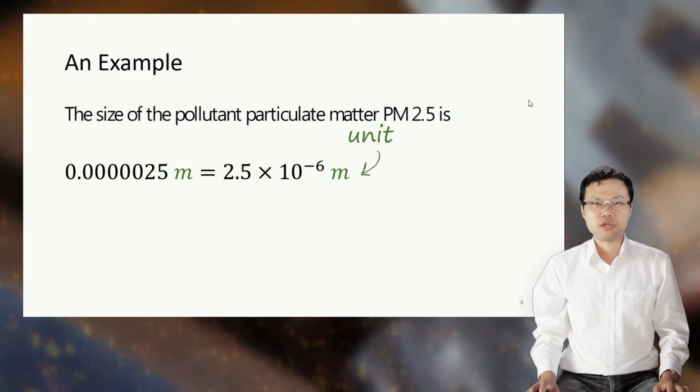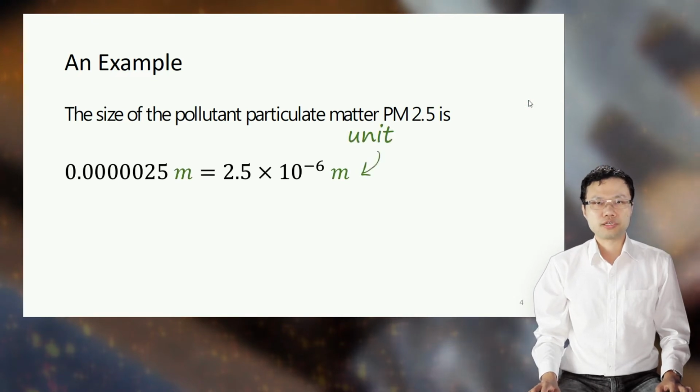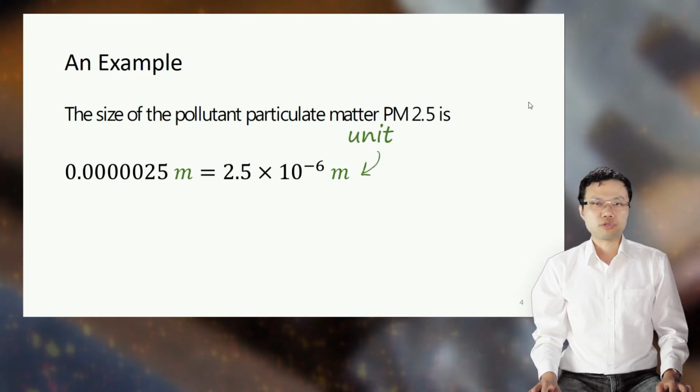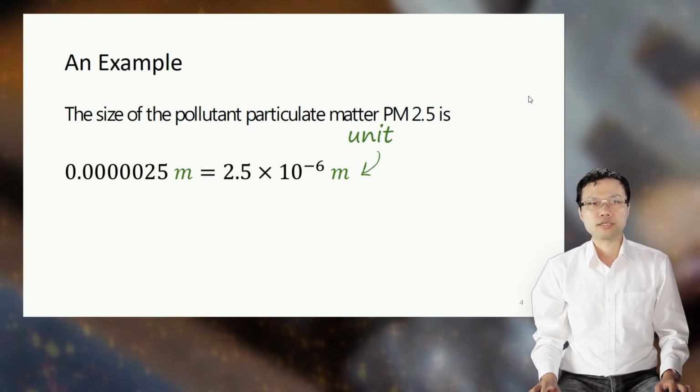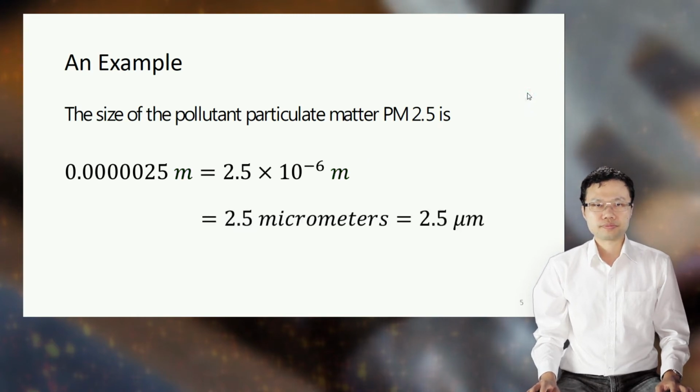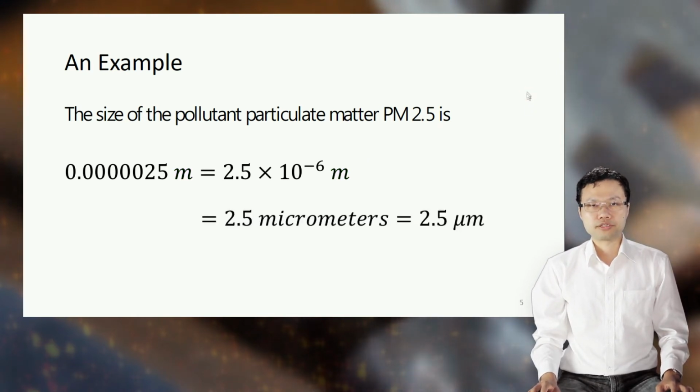This is a very long expression to read. There is a more efficient way to express such a small physical quantity by calling it 2.5 micrometers. We can also represent the micrometer by μm.